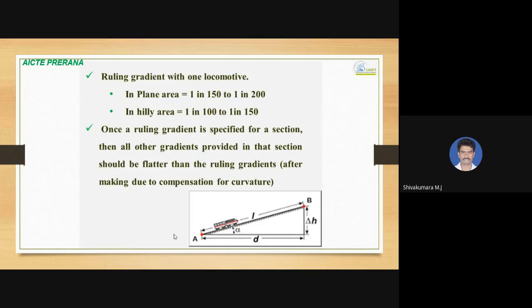In that range, you can provide the ruling gradient. Once a ruling gradient is specified for a section, all other gradients provided in that section should be flatter than the ruling gradient. And after making the due compensation for curvature, this gradient is finalized.